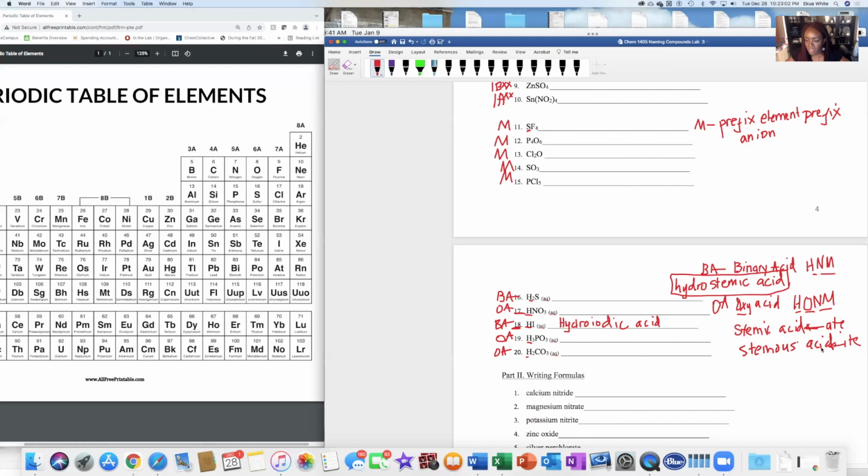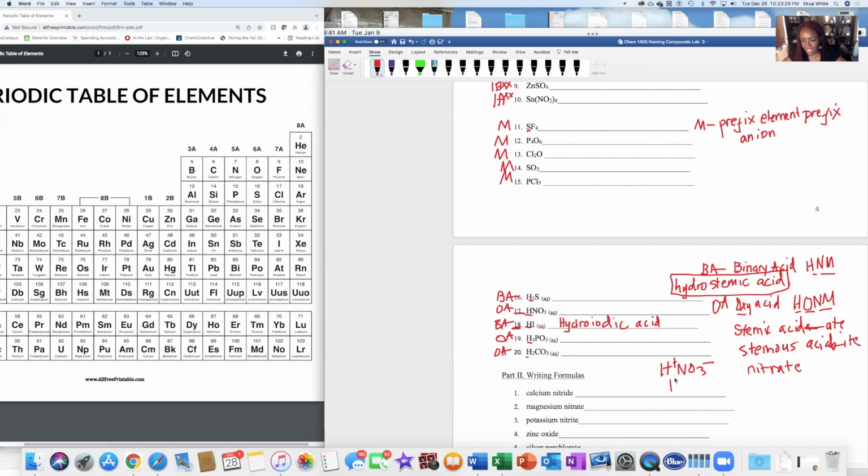So ite becomes stem-ous acid. Okay, so to name, in my case here, my anion is called nitrate. That's the name of this anion, right? So to make an acid out of that, you add the hydrogen ion. Once again, this is a review from lecture.